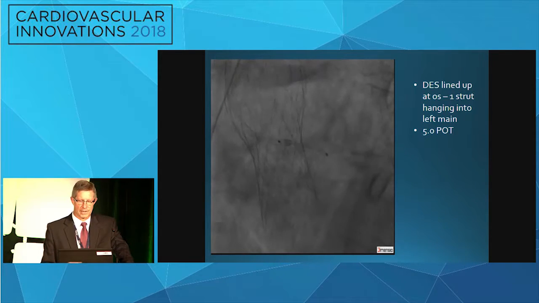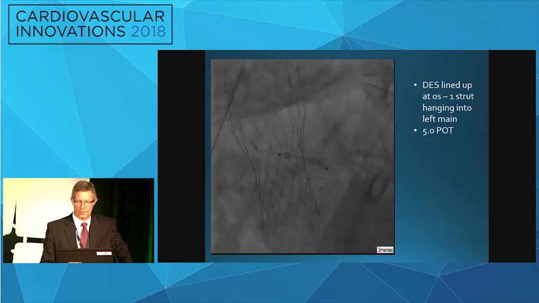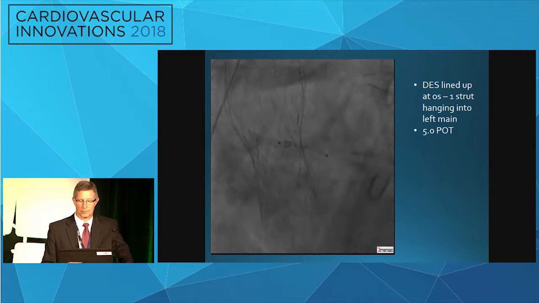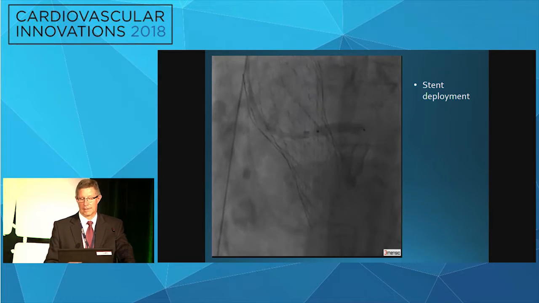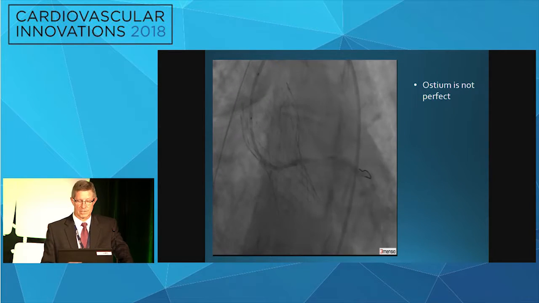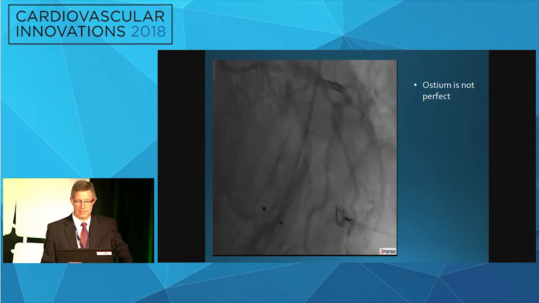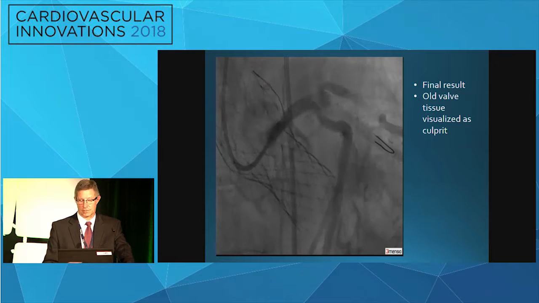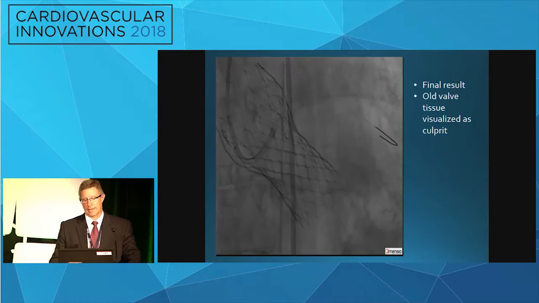There's probably one strut hanging back into the CoreValve. I didn't know if I'd be interfering with the valve or the valve would interfere with it, and then used a 5 mm balloon at the end and post-dilated it. The stent wasn't perfect, but here's that post-dilatation. That's the final result, and that one worked out okay.